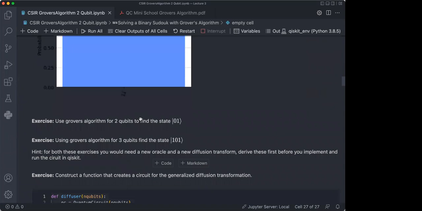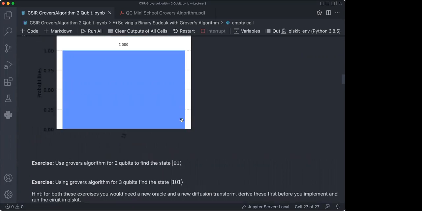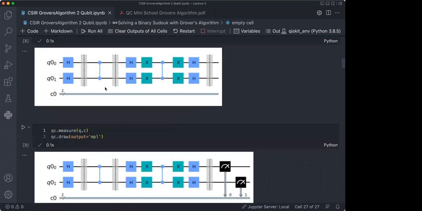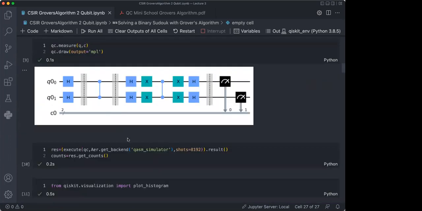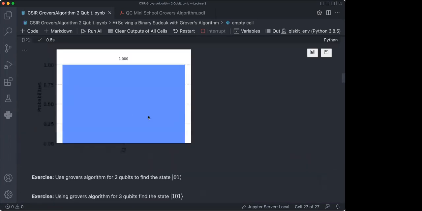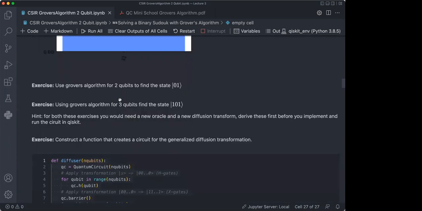So I have an exercise here that requires you to do this again, but the state that you're going to find is not 1, 1, it's 0, 1. Now the only difference is that the oracle is not going to be the same. You need to find a circuit that implements that oracle, and then you just replace the oracle step here, and you should get the state 0, 1 with the highest probability in the end.